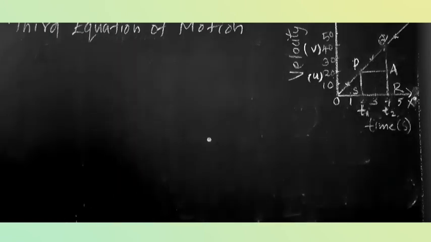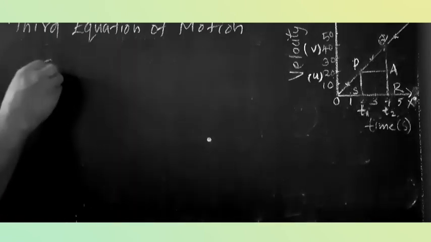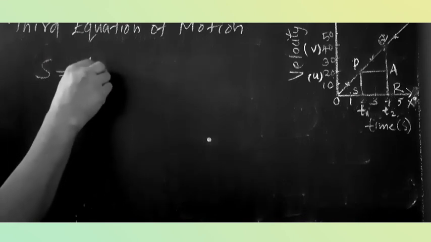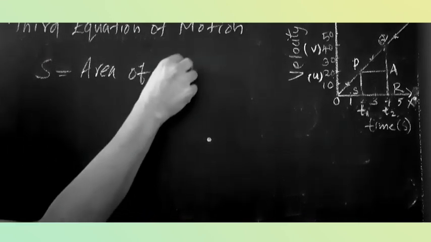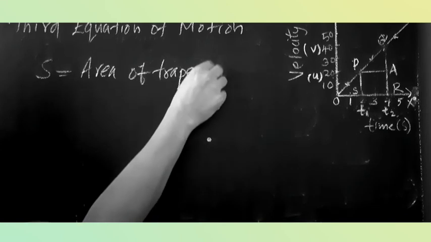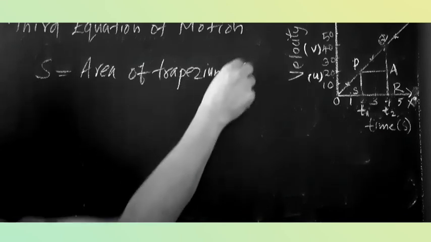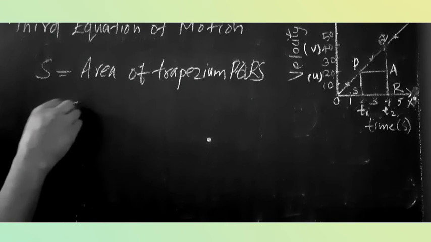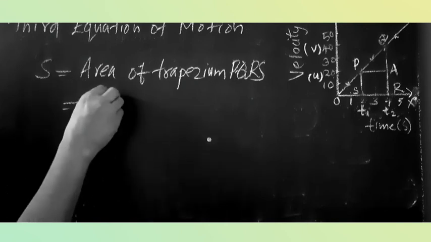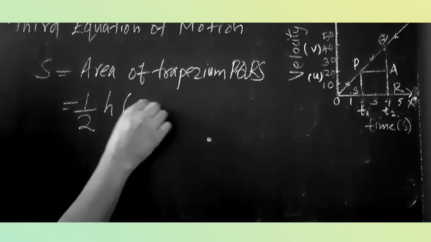So displacement s is the area of the trapezium PQRS. That is half into h into (a plus b).